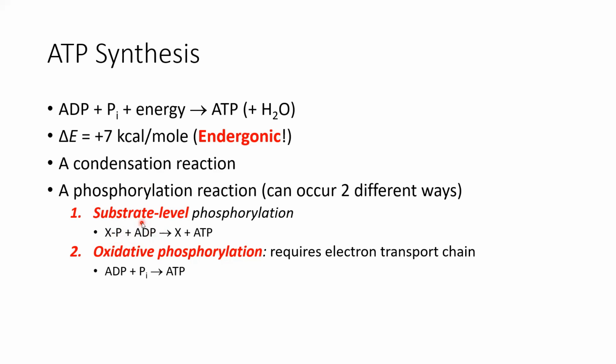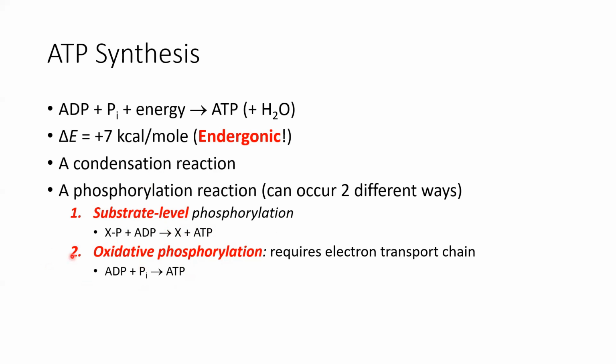We're going to, again, invest some energy here, and then we're going to adjoin that phosphate onto ADP to make ATP, and then we're going to be left back at the end with the other molecule who now has lost its phosphate. Okay, so this is called substrate level phosphorylation, and it's synonymous with taking or borrowing a phosphate from another viable molecule in the cell.